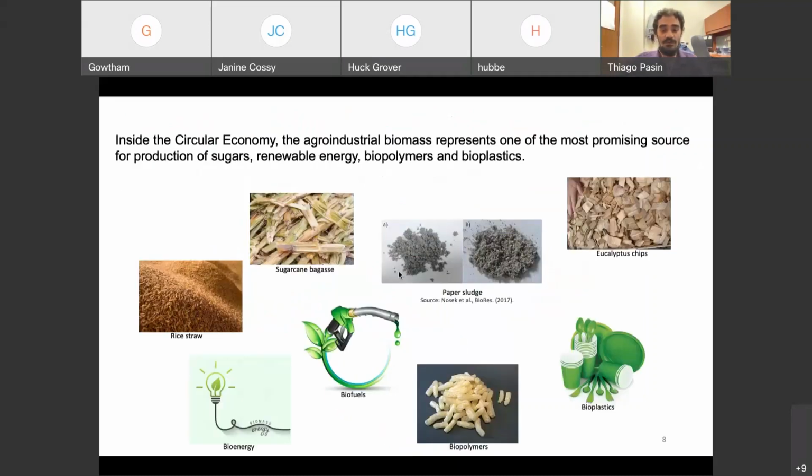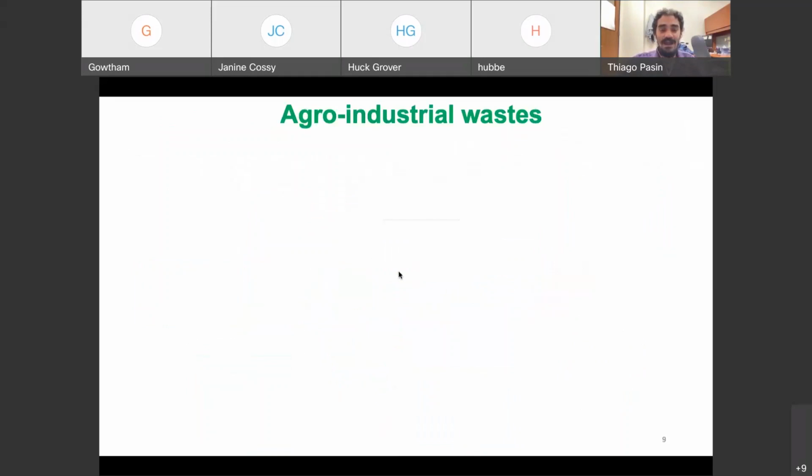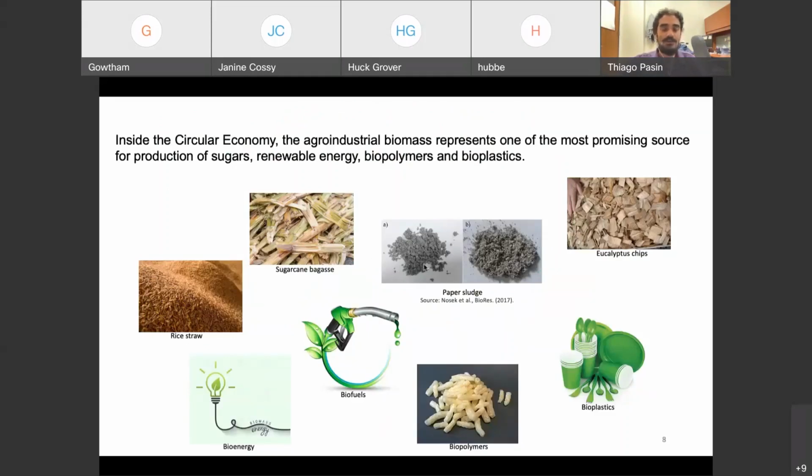Inside the circular economy, agro-industrial biomass represents one of the most promising reserves for the production of sugar, renewable energy, biopolymers, and bioplastics. We have different kinds of agro-industrial waste. For example, here I used some of these pictures: rice straw, paper sludge, and eucalyptus chips.